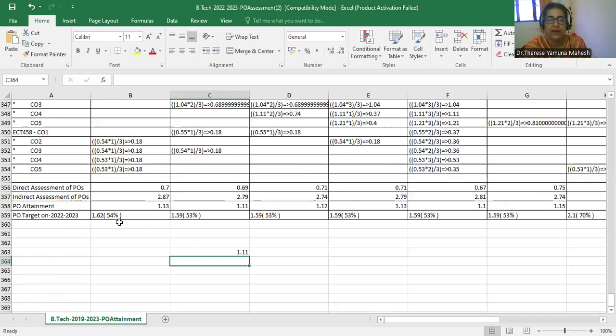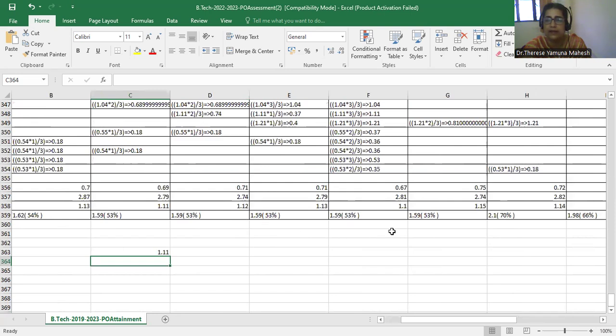And we have set a target based on the low value which we have obtained in the correlation map. So the attainment target was set at 1.62. And what we have achieved is only 1.13. And you can see that in all the cases, the attained value is less than the target that is set. The problem is, we have not set the target out of a scale of 3.